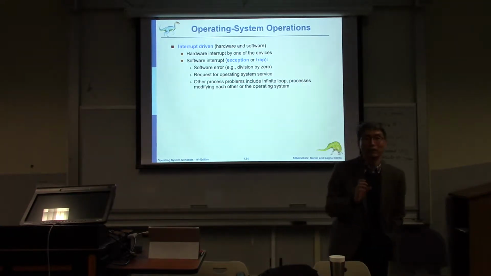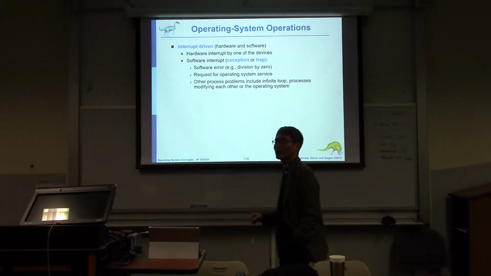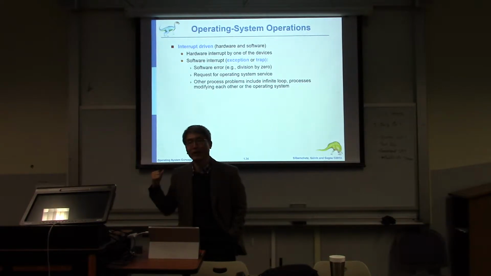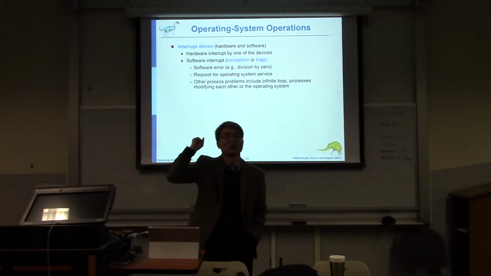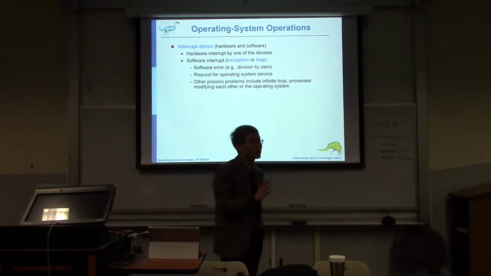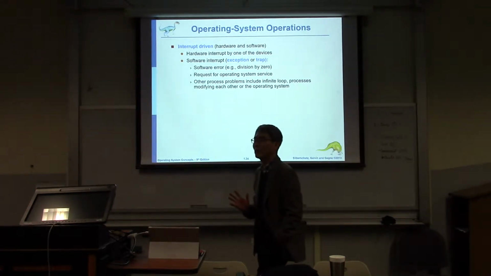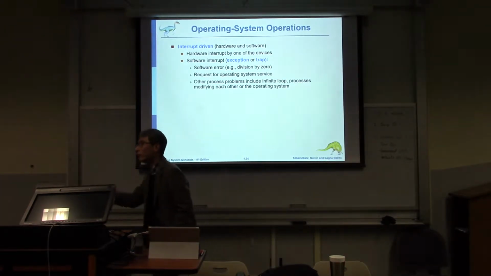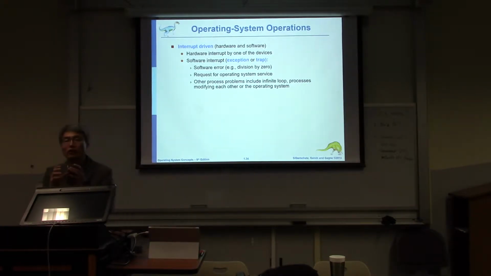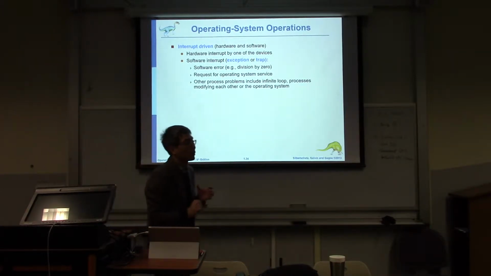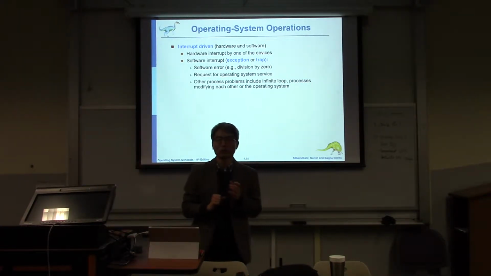Like in this classroom, if you have any question, you can interrupt my lecture by raising your hand. It's the same idea. You can send an electronic signal to your operating system or other devices. For example, if you read data from the hard disk drive, there is a disk controller. This controller is ready to send the data to the CPU. How do they inform it?